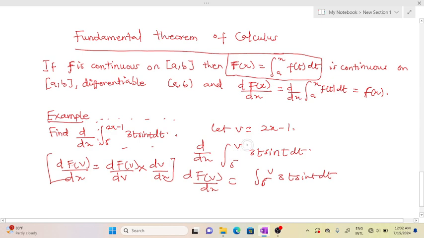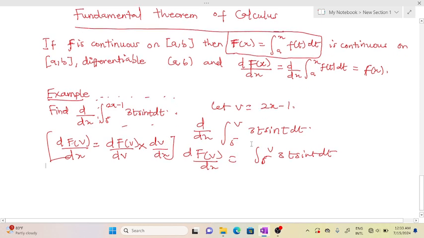Because after making our upper limit the subject with v, we realize that this whole expression, instead of d/dx of this integral, becomes d/dx of capital F of v, which is equal to this. But using the chain rule, we can break it down as dF of v over dv times dv over dx, and it still gives us the same thing, right?